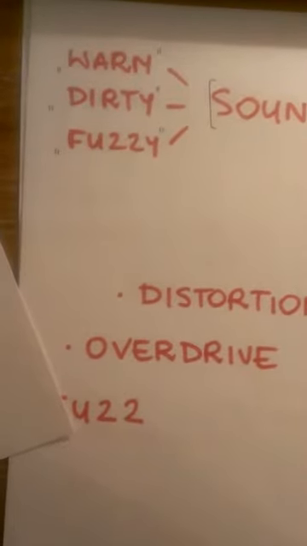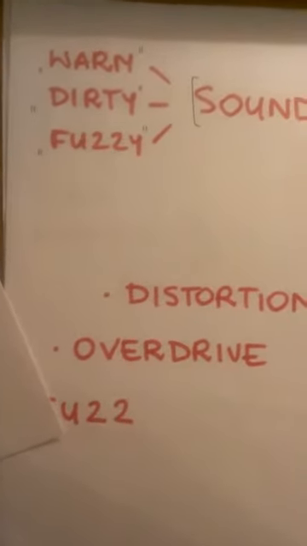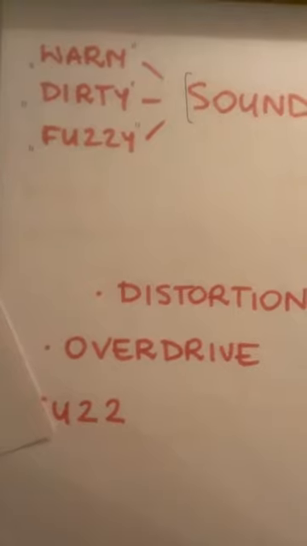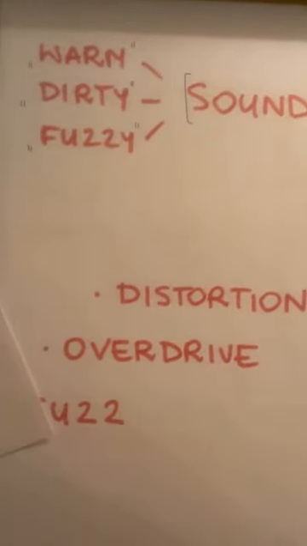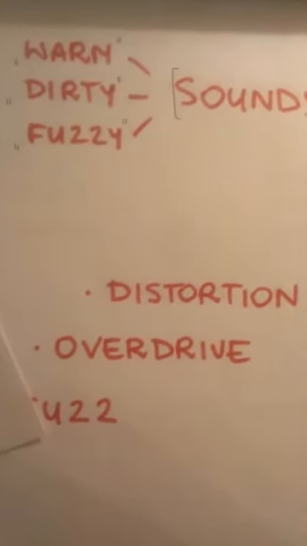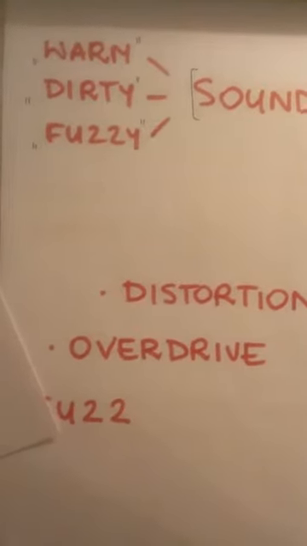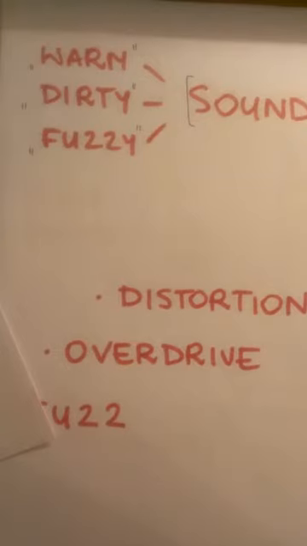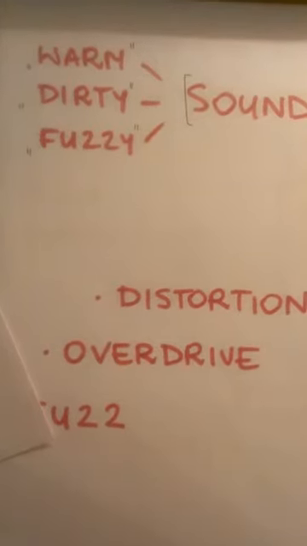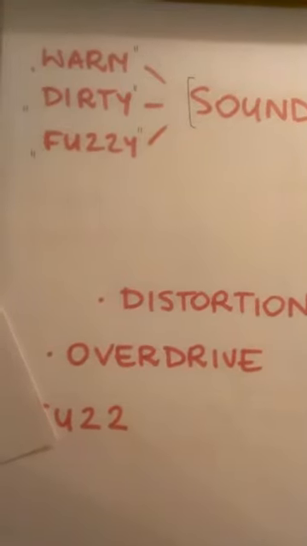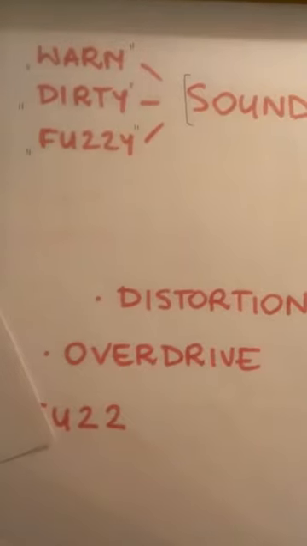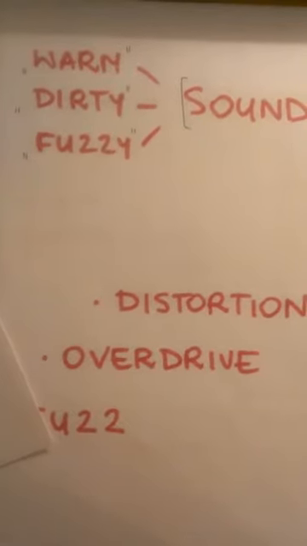Warm, dirty and fuzzy sounds, made by compressing the peaks of an electric musical instrument sound wave and adding overtones. Distortion effects are sometimes called gain effects, as distorted guitar sounds were first achieved by overdriving tube amplifiers.